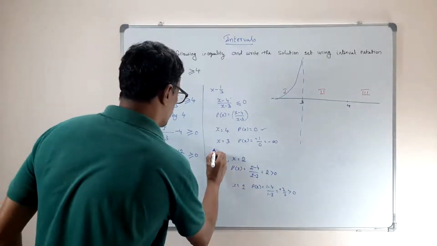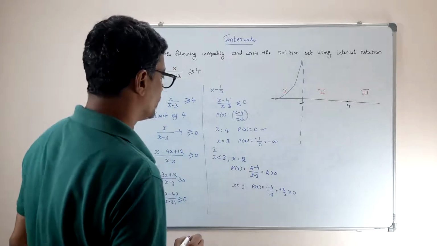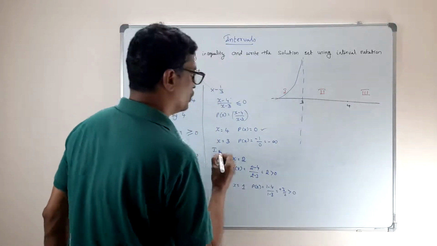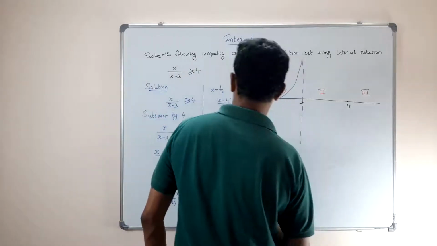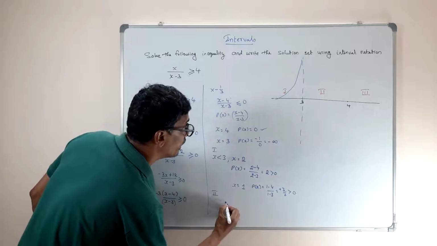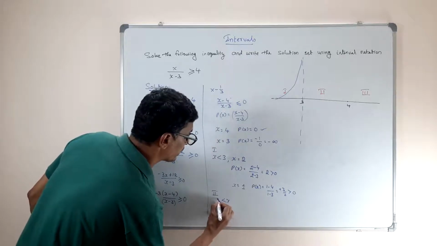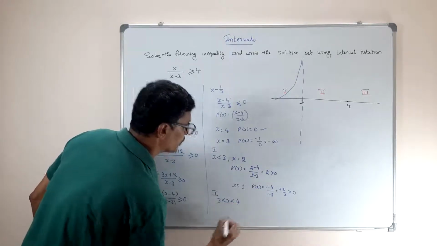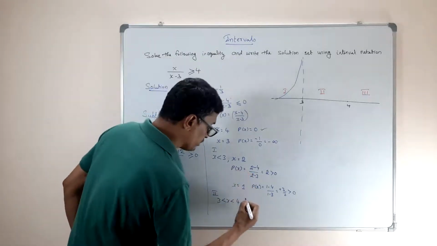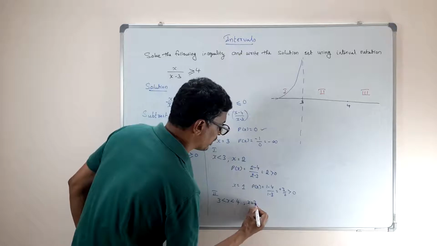So this is region 1. Now let us go for region 2. Let me write region 2 here. What is region 2? x is greater than 3, less than 4. Tell me now this region. Take x equal to 3.5.